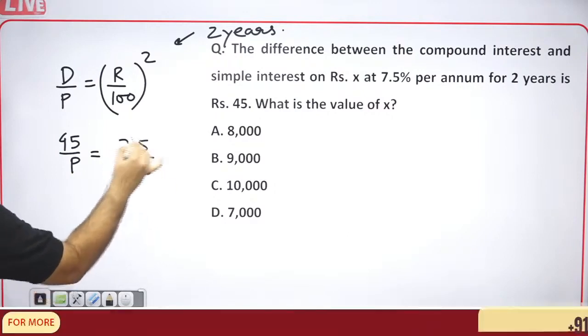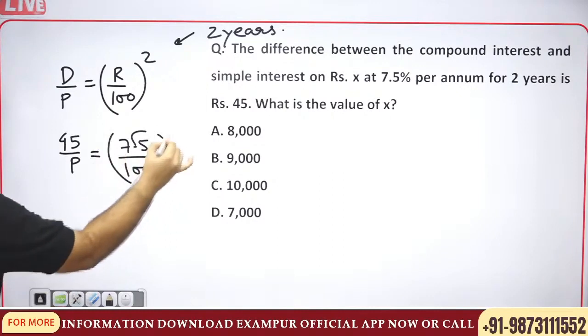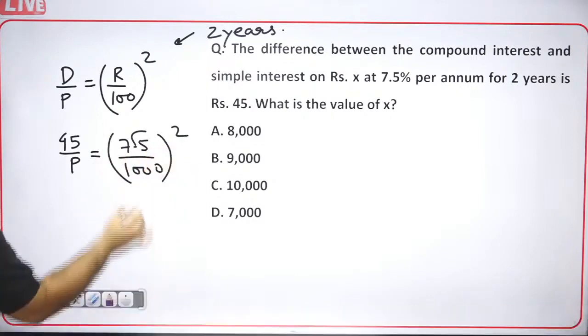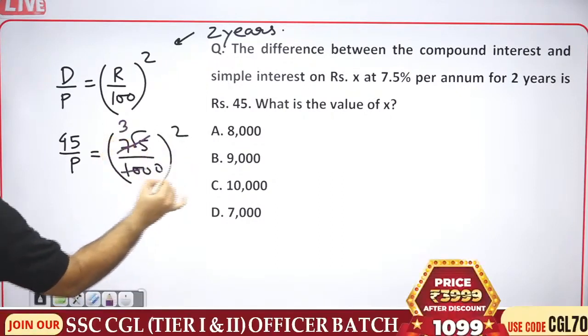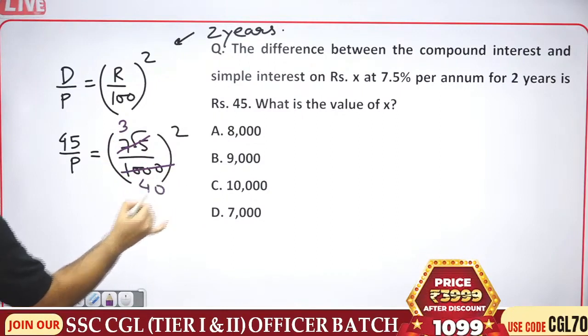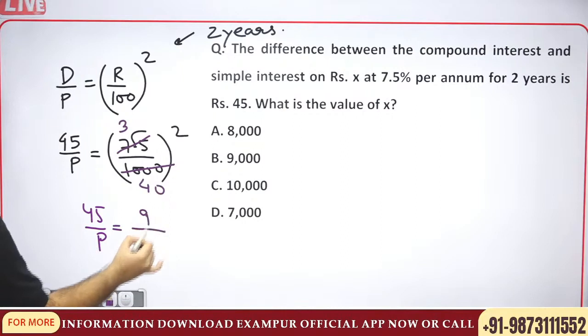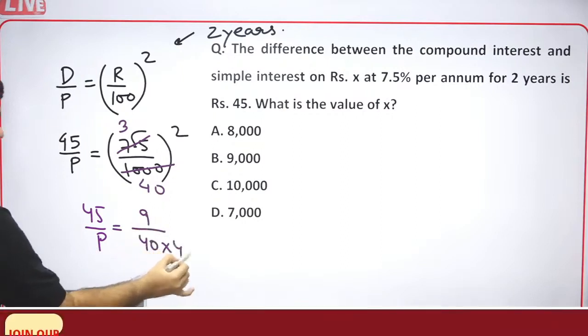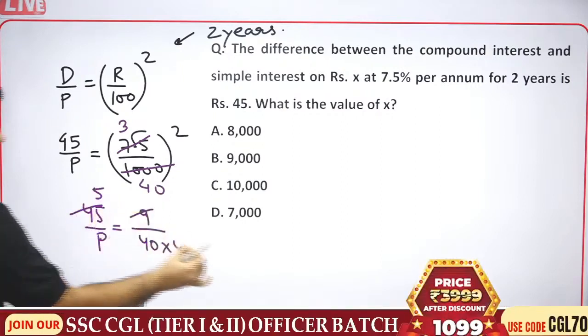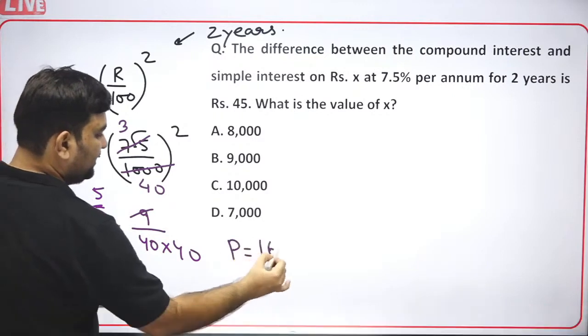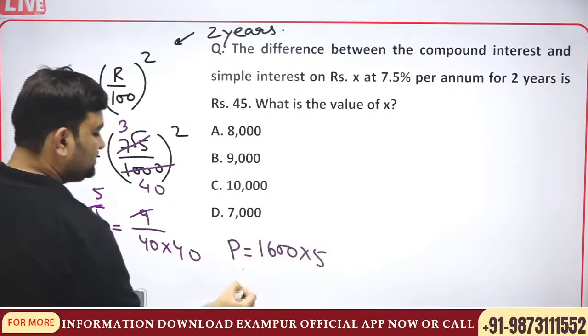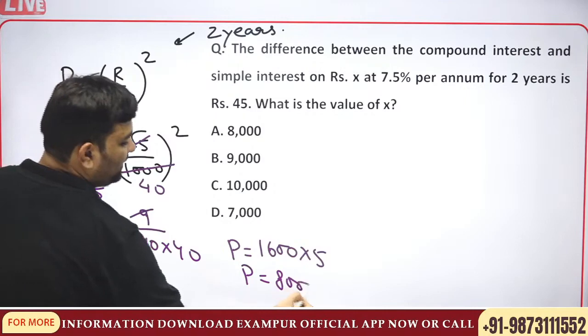Divide by 100. 2 years so square. 25, 3 times. 25, 40 times. 3 square 9. 40 square 40 into 40. Principal is 1600 into 5, 8000. Fatafat maths.